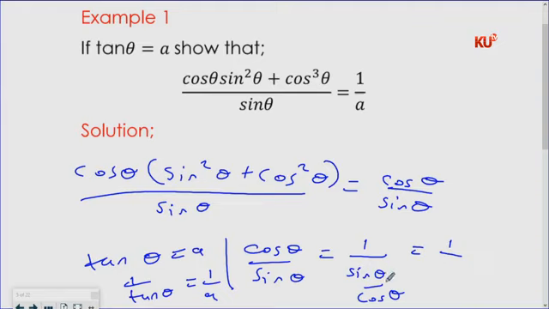From the second identity that we have just looked at, it is tan theta, which is equal to 1 over tan theta, and you remember tan theta is the same as A. So you replace tan theta, you have your A. So we have proved that whatever is on the left-hand side is equal to whatever we have on the right-hand side, which is 1 over A, and that is what we are getting here. So it's all about just playing around with the 2 identities that we have looked at.